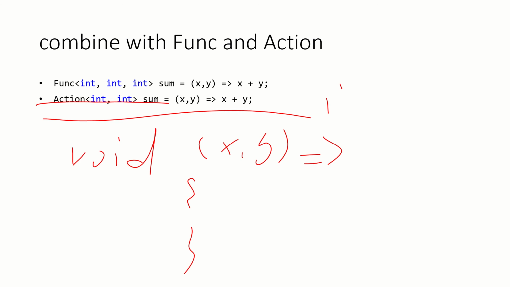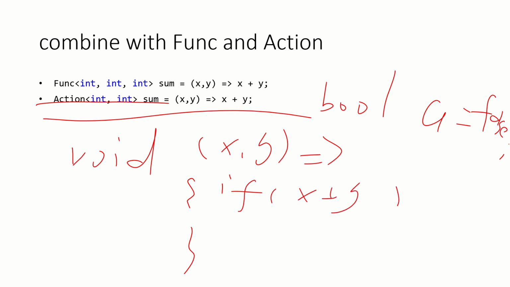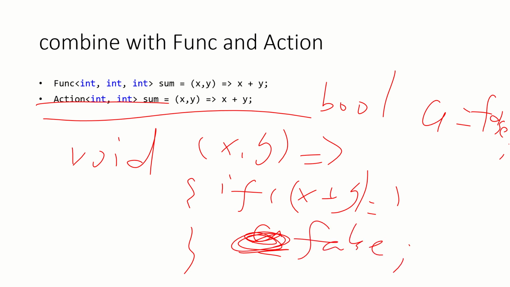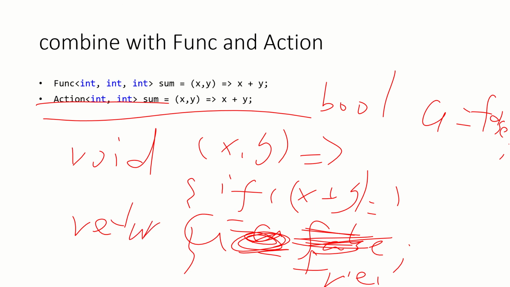If you already declare it as false, okay, so if x is equal to something, here you can just assign false, or true, right? Because we can take a rate of return.